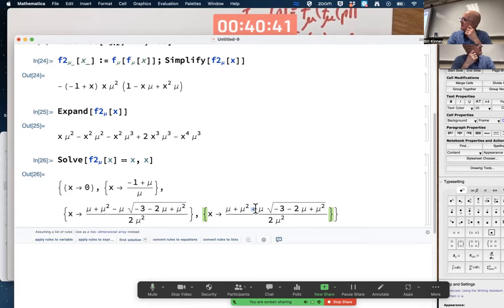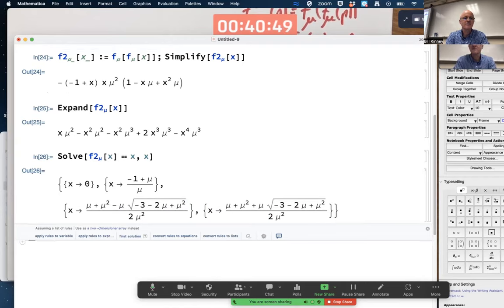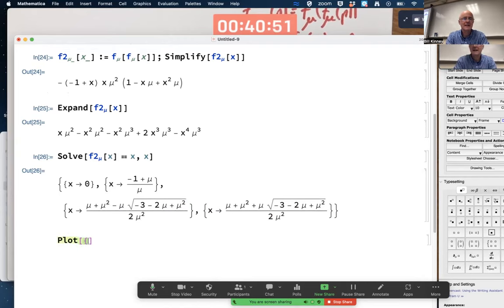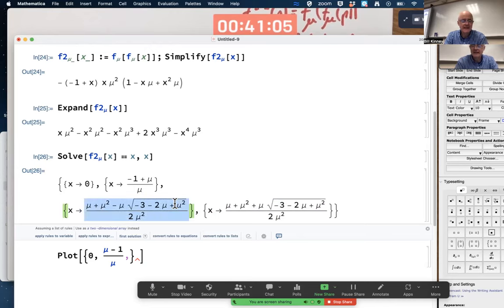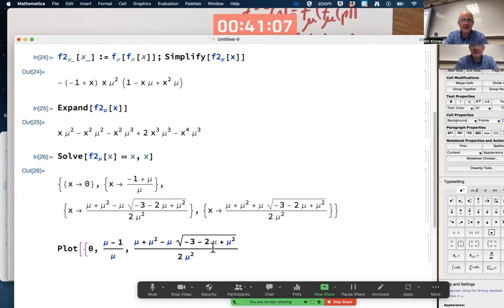What would happen if I plot all these things as functions of mu? Let's try that now. Plot the constant function at 0, mu minus 1 over mu, these two things as functions of mu.